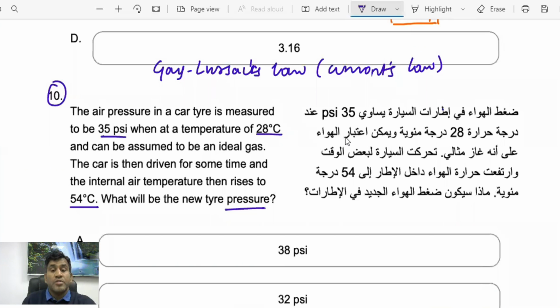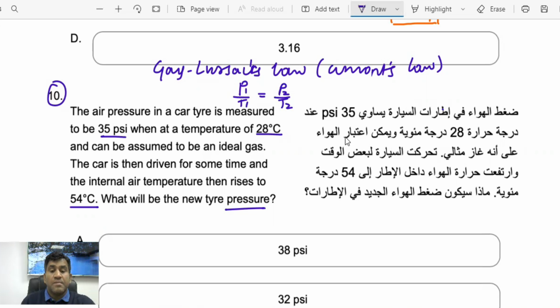According to it, at constant volume, the relation says P1 by T1 equals P2 by T2. P1 represents initial pressure, T1 is initial temperature, P2 is final pressure, and T2 is the final temperature. But consider the temperature in Kelvin.